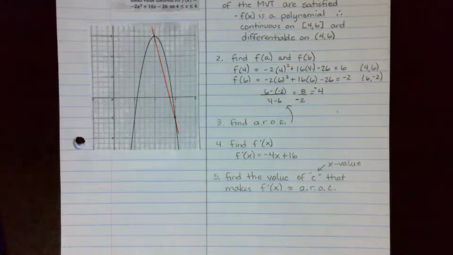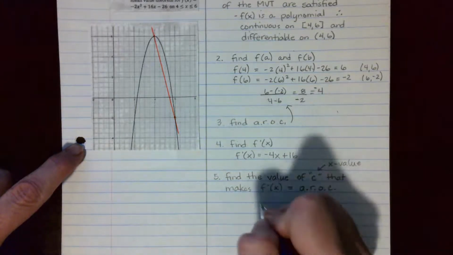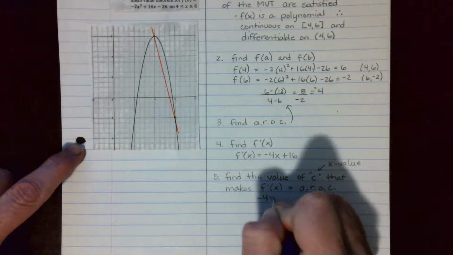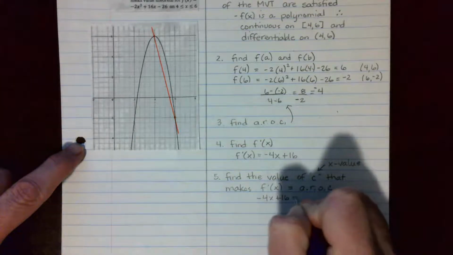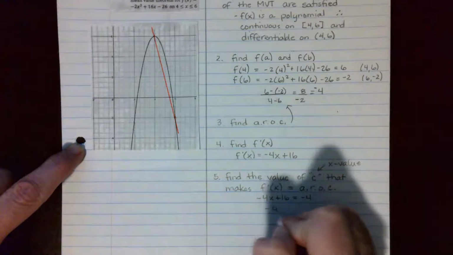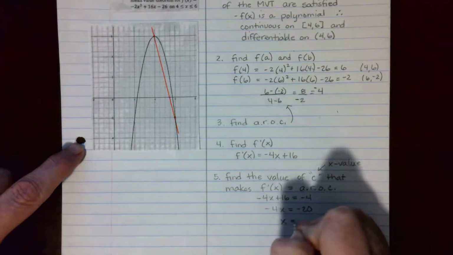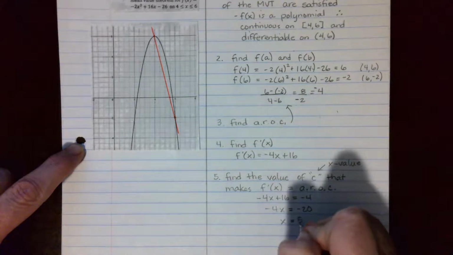Okay, and you have to always think about what you're doing. Okay, so we want that to equal -4. So -4x plus 16 will equal -4 when x is equal to 5.